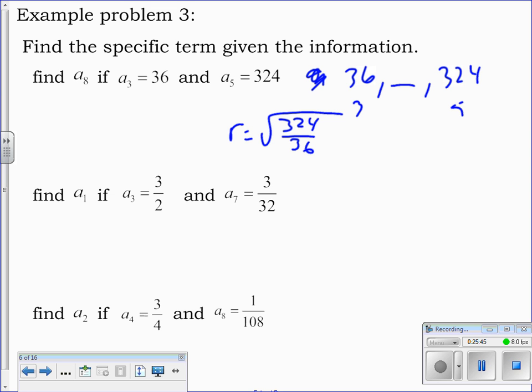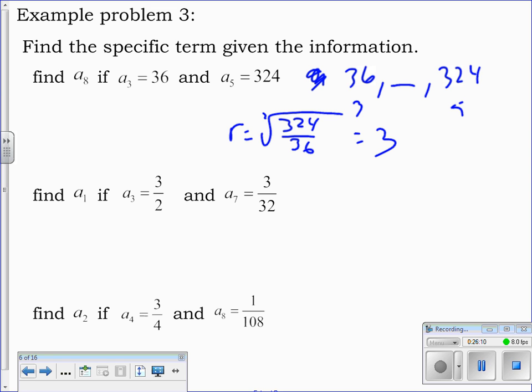So you divide that out. I'm trying to remember what that is. Oh, it's 3. That's right. R is 3. We did this earlier. So that tells me R is 3.